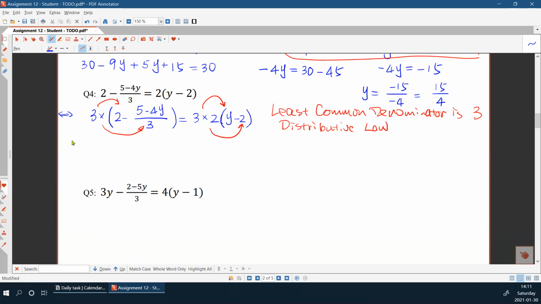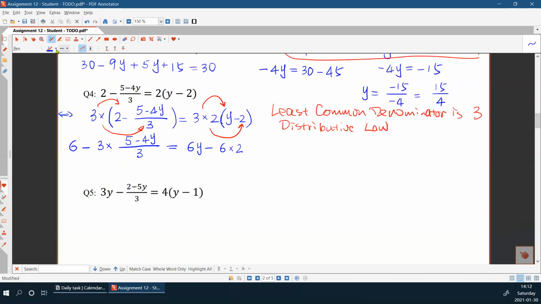Okay, for the left-hand side, the first term is 6 minus 3 times 5 minus 4y over 3, right? Because the distributive law tells us we need to assign 3 to both of the terms. Again, similarly, 3 by 2 is 6. We need to assign 6 to both of the terms on the right-hand side, which is 6y minus 6 times 2. Clear?